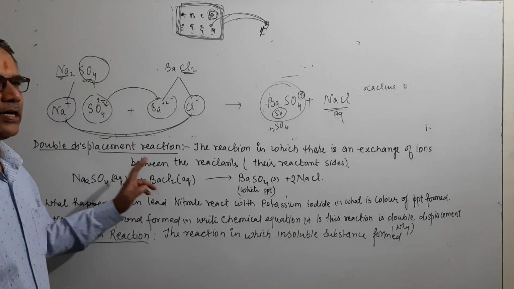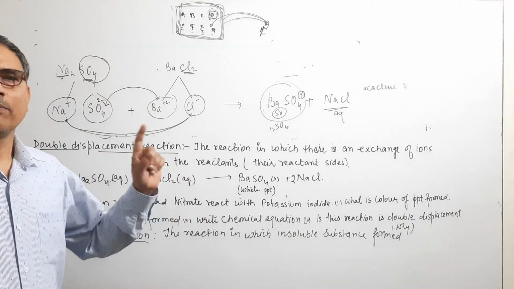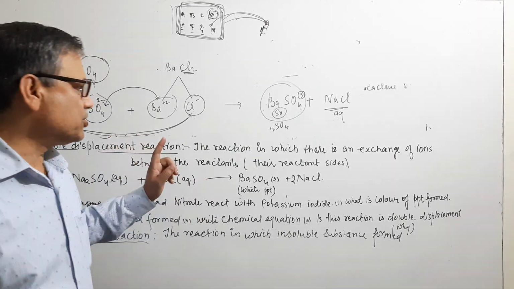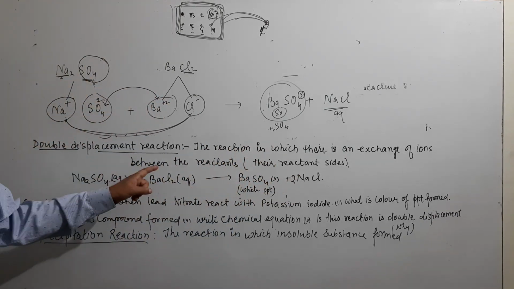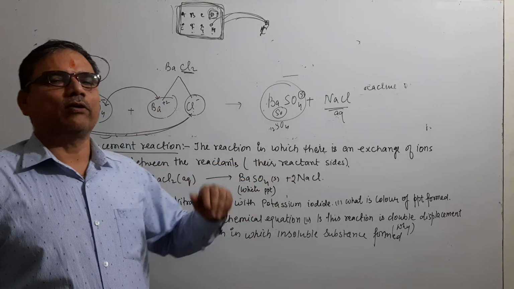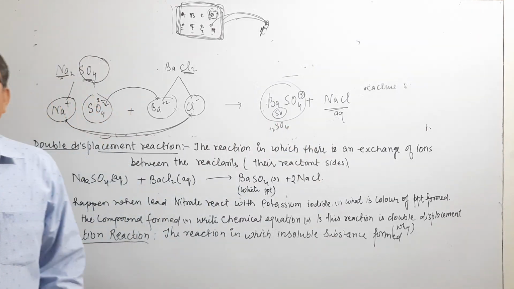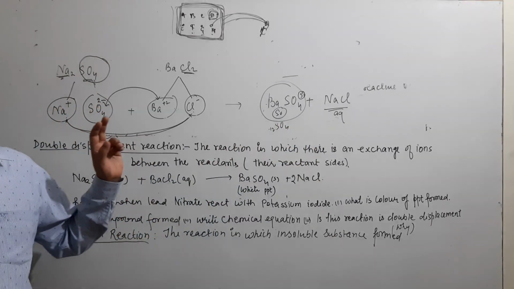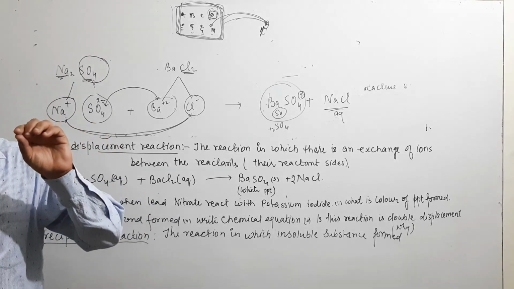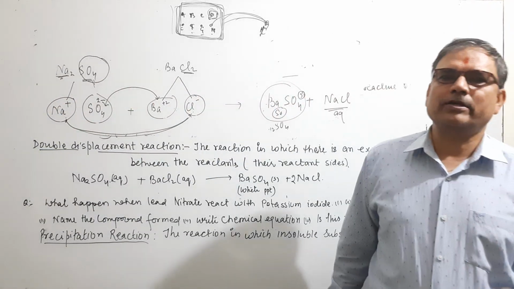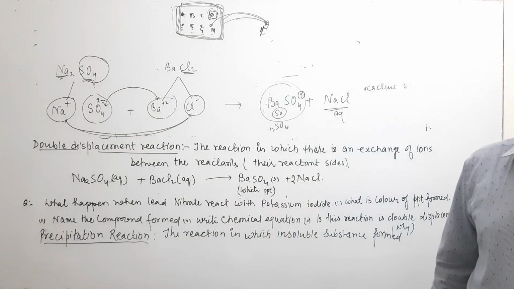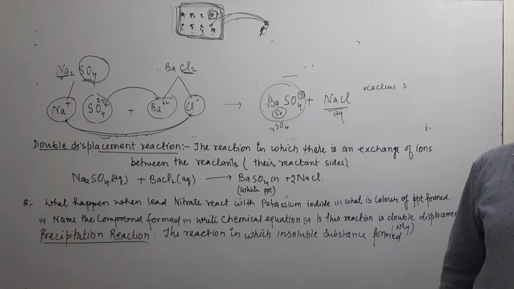Why is this reaction called double displacement? Because exchange of ion takes place, where? In between their reactants, or on their reactant side. And most of the double displacement reactions are also called precipitation reactions. Why?